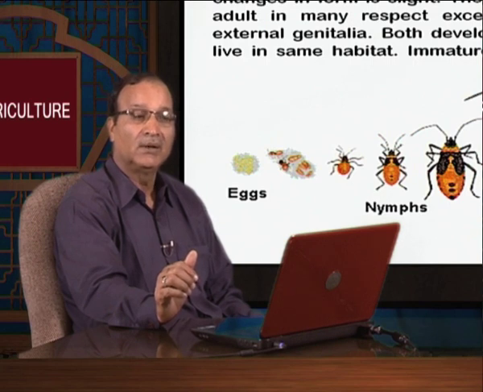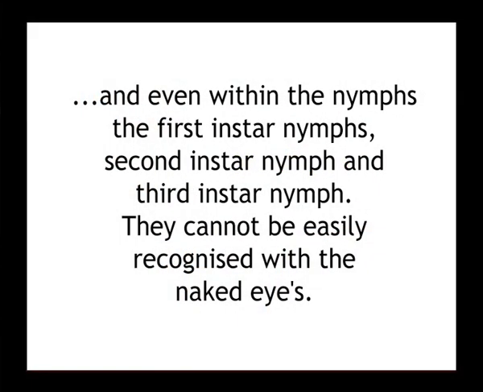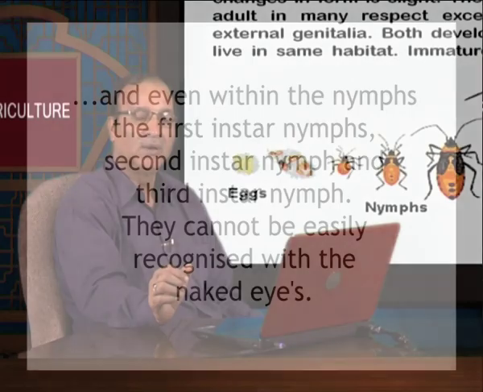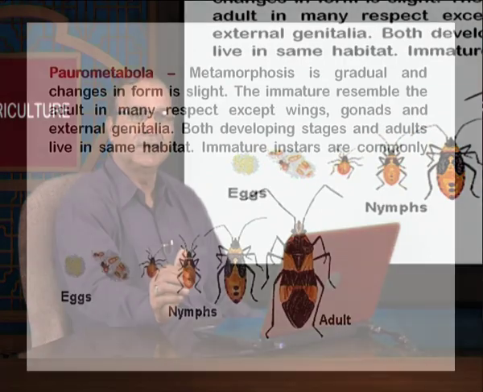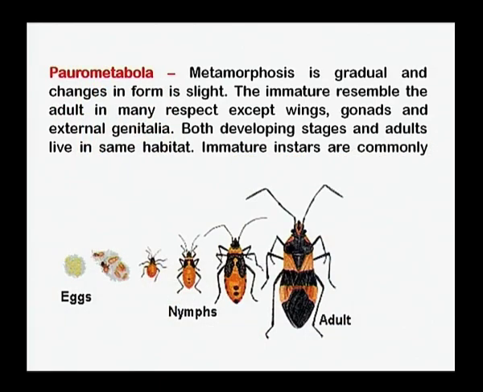In other words, the adult and the nymphs, and even within the nymphs, the first instar nymph, second instar nymph and third instar nymph, cannot be easily recognized with the naked eye. The difference is so minute that it is difficult to say whether this is the first instar nymph or the second instar nymph.